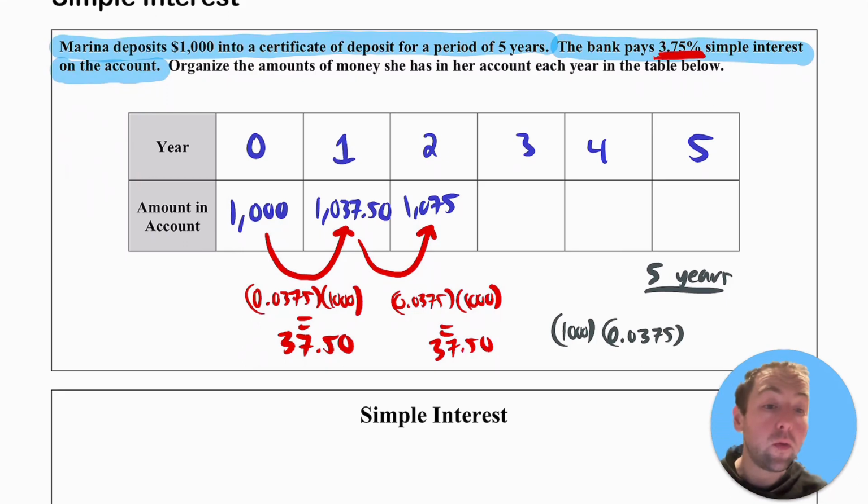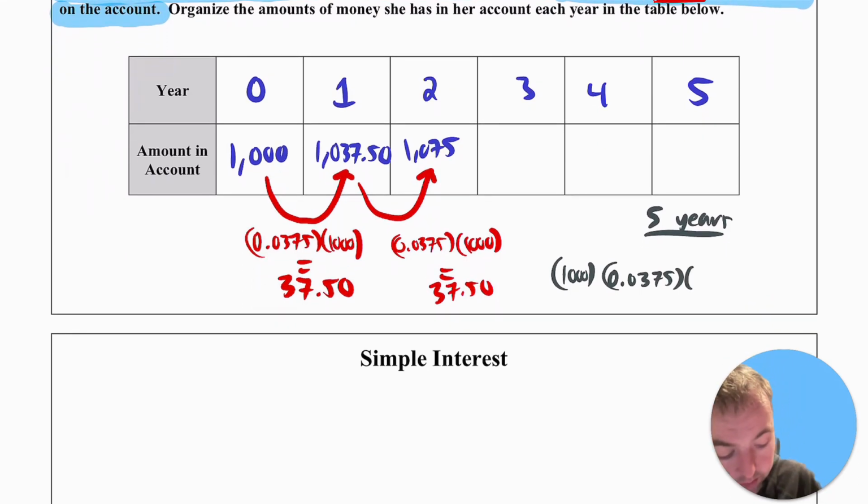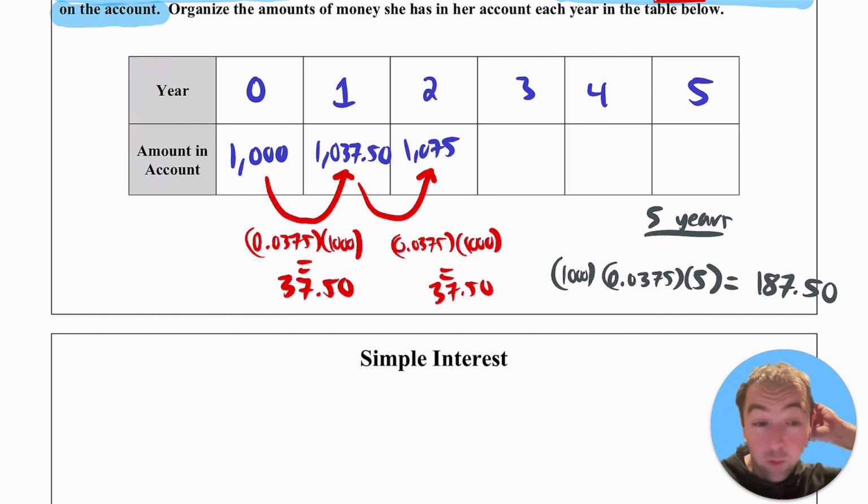That's going to give you the increase for 1 year's time. If you multiplied that by the number of years, which would be 5, that would give you the total amount of interest that you would accumulate. So if you put that in a calculator and multiply all of those things together, you end up getting an amount that is $187.50. So that's really $37.50 5 times.